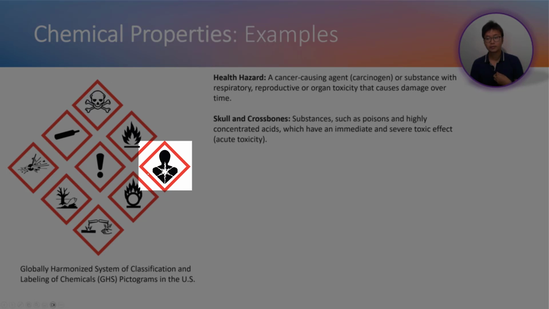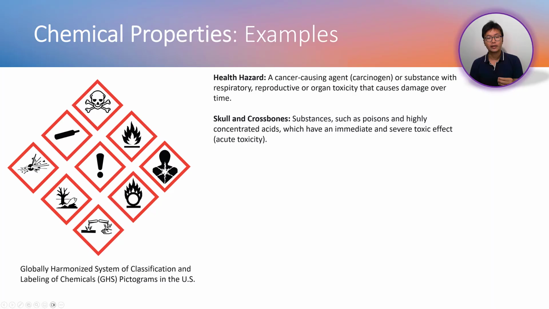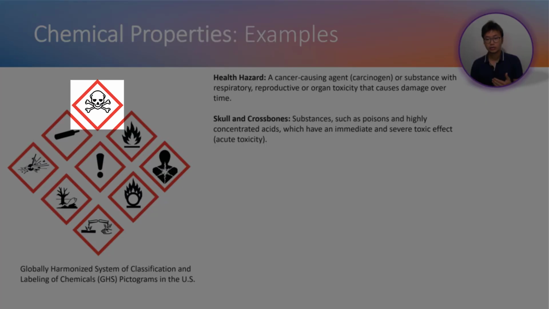This is the one that if you have long-term exposure, it will cause damage to your health. So you definitely want to find out what kind of long-term effects it can have on your health. And then on the other hand, you can also have some chemicals that can be very aggressive or very reactive, so that even a short exposure time can be very bad for your health. And that is the symbol of the skull with the crossbones.